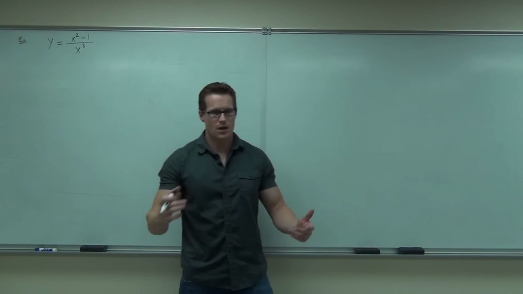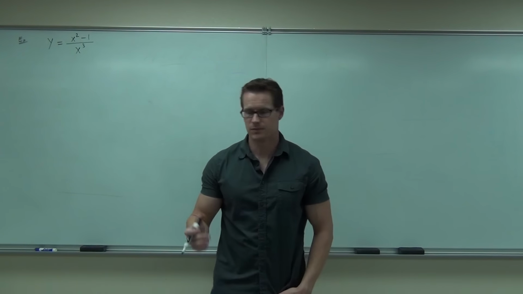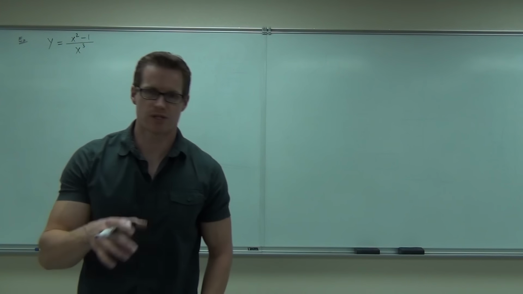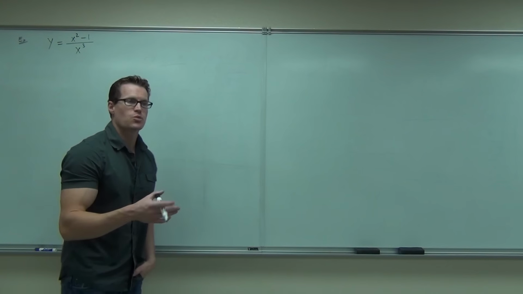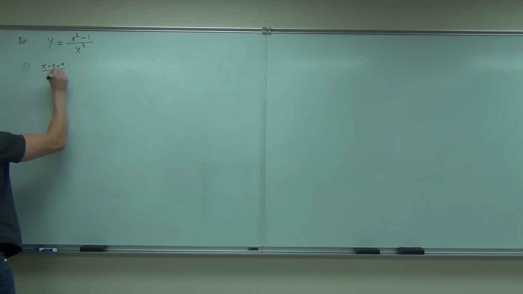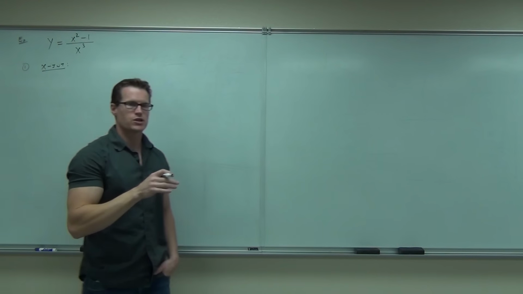Okay, so x squared minus 1 over x cubed. Step number 1. Hopefully the algebra type stuff, you find your x and your y intercept. So we're going to do every step together here. X-intercept would happen where you set your function equal to 0.